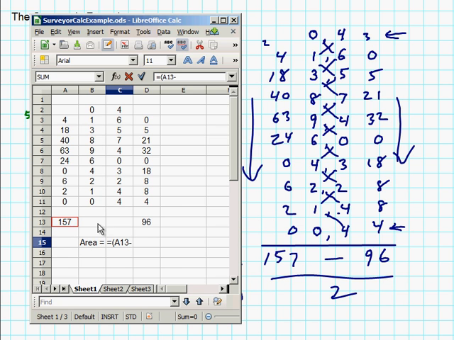I have to subtract that minus that, close the parentheses, and then say divided by 2. If I didn't use parentheses, it would just divide the second number by 2, and that's not what we want. There's your 30.5. That confirms what we did by hand here. And if we change the numbers here, then this was automatically changed.